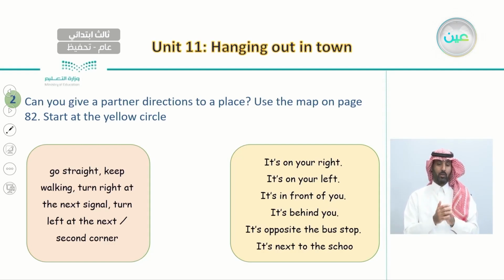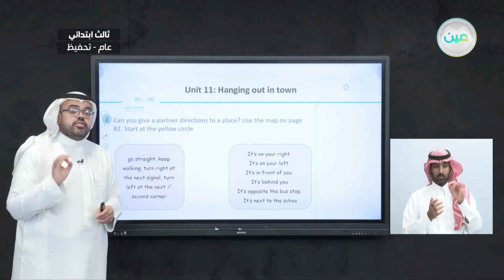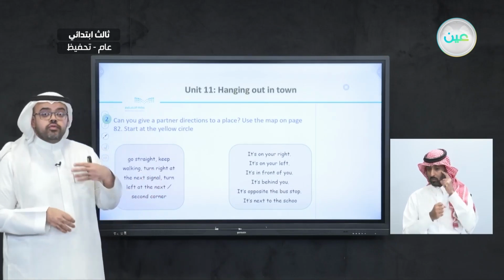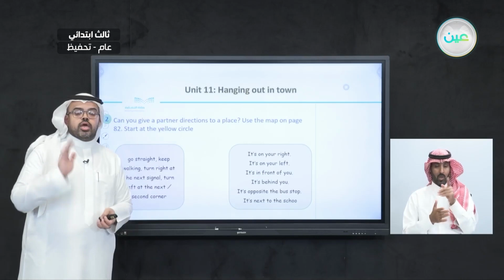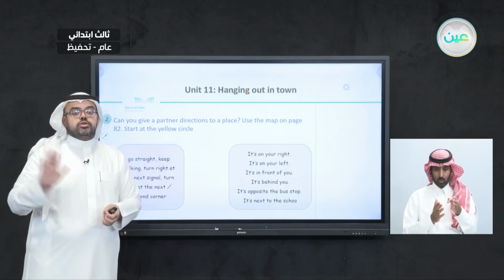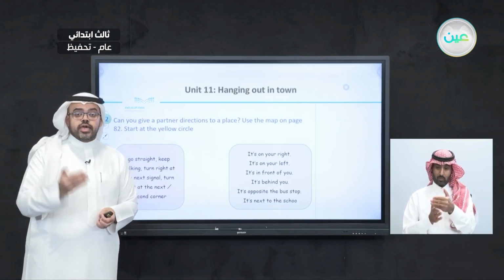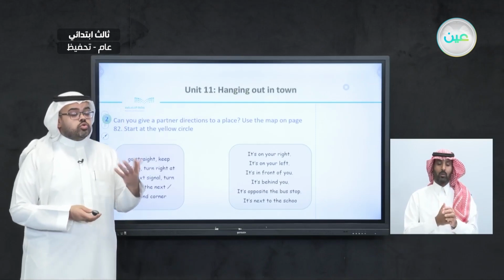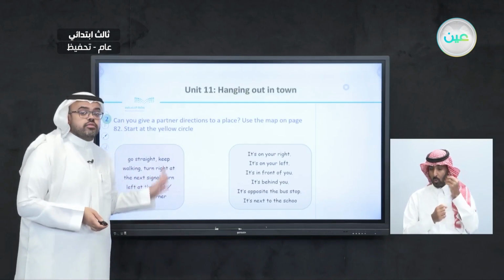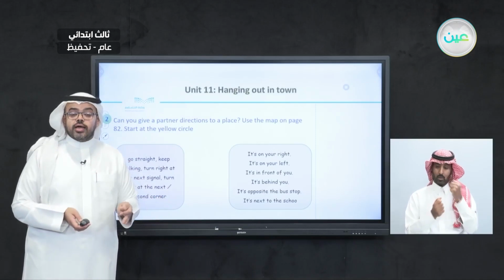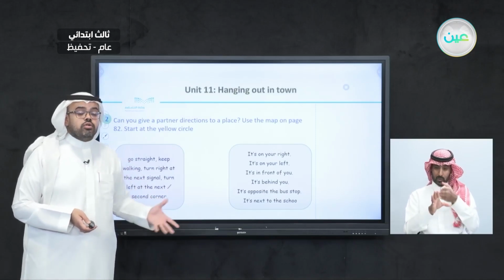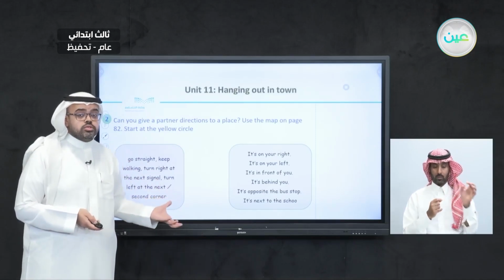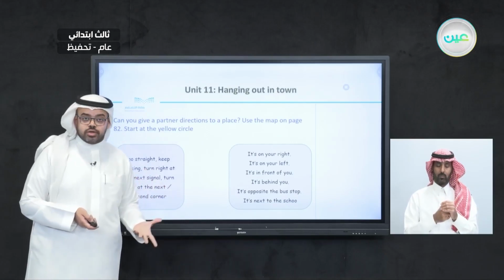So these are important phrases that we should know if we want to give directions. Go straight, turn right, turn left. Also, we need to know words like signal, traffic light, corner. All of these phrases are important if we want to give directions.